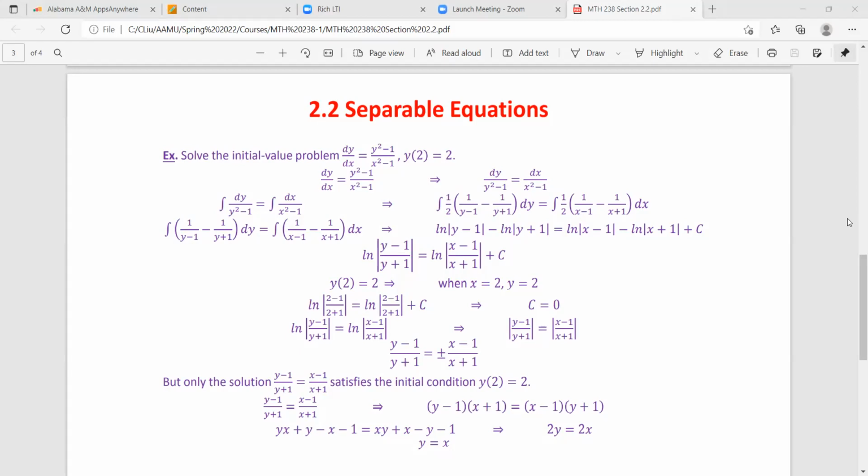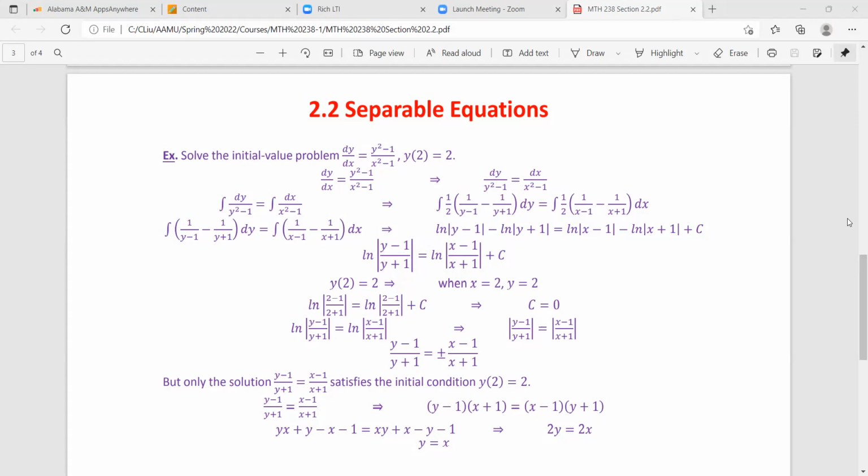And the initial condition is y of 2 equals 2. Okay. So we're going to solve the differential equation first and then fix the arbitrary constant from the solution from the initial condition.